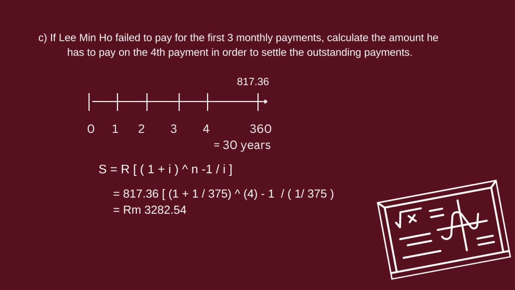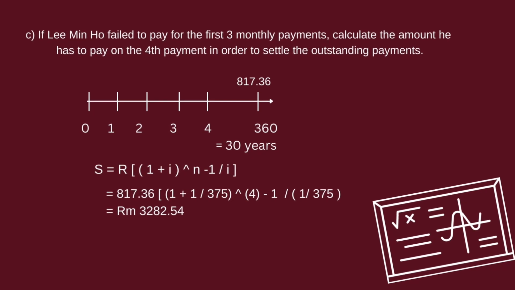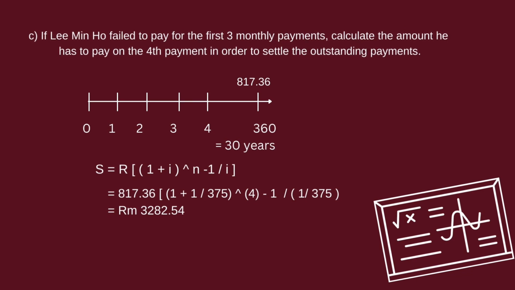Question 3, we need to calculate the total payment that he missed in the first 3 months. First thing first, we need to make a timeline starting from 0 until 4 months. So we need to start calculating from the 4th month.